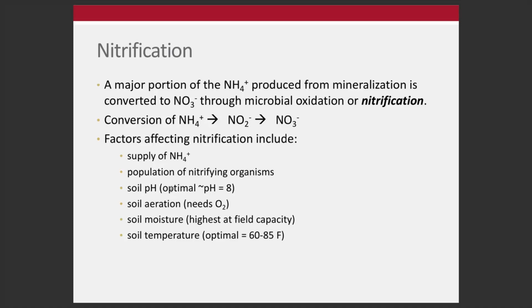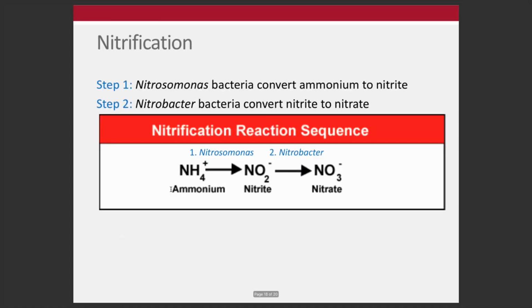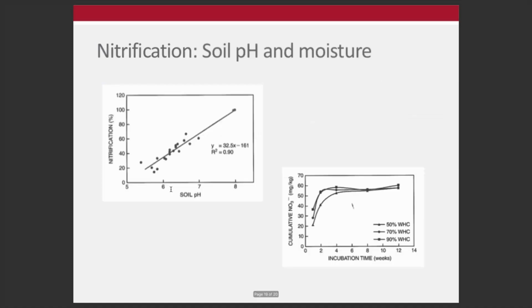Soil moisture, again for the biology, and then soil temperatures. These are all things that will drive nitrification or help influence it. Two steps are driven by two unique sets of bacteria: Nitrosomonas in the first step, the production of nitrite, and then Nitrobacter in the production of nitrate. So, different critters and different enzymology.